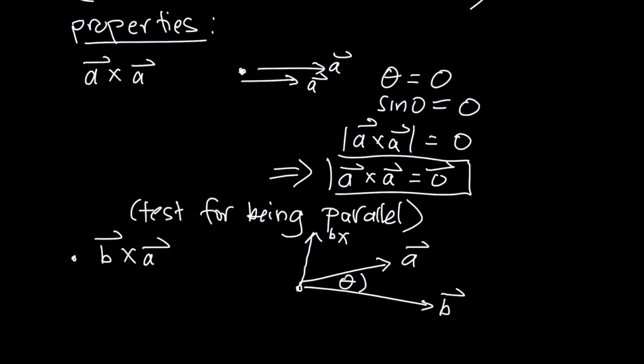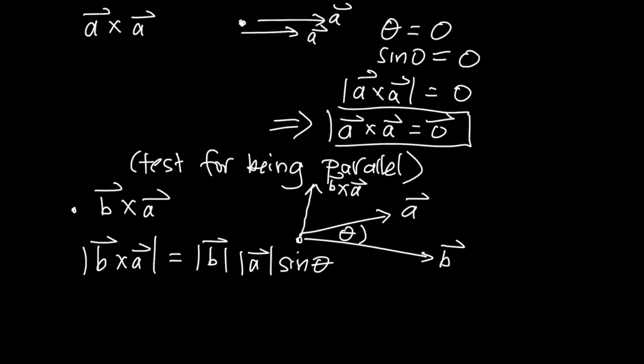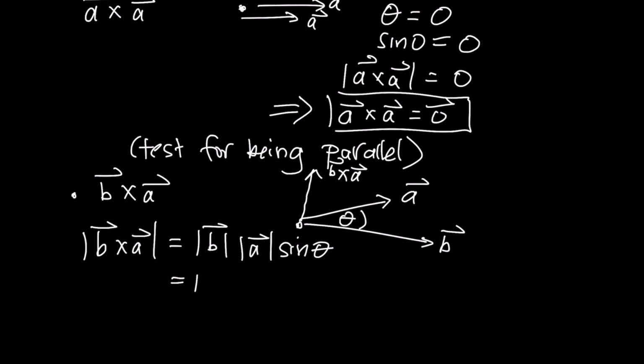There's B cross A. The size of this vector has to be size of the first, size of the second, sine of the angle between them. Well, there's nothing preventing me from writing this in the opposite order like that. The angle between the two vectors is always the same.